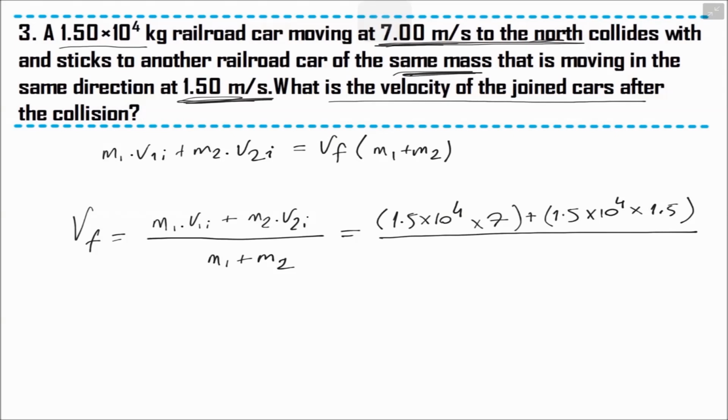They have the same mass, so we can make it like 2 times 1.5 times 10 to 4 directly. So v final will be 4.25 meter per second. So it's positive, so to the north.